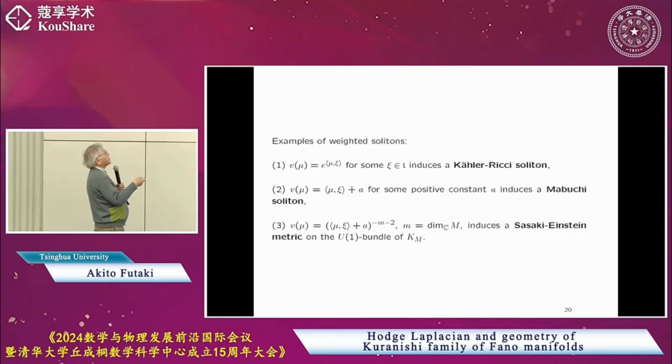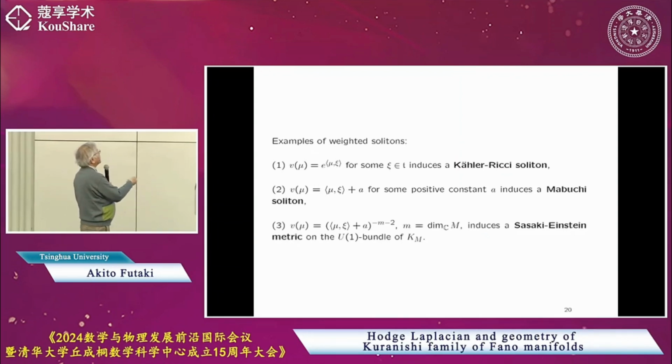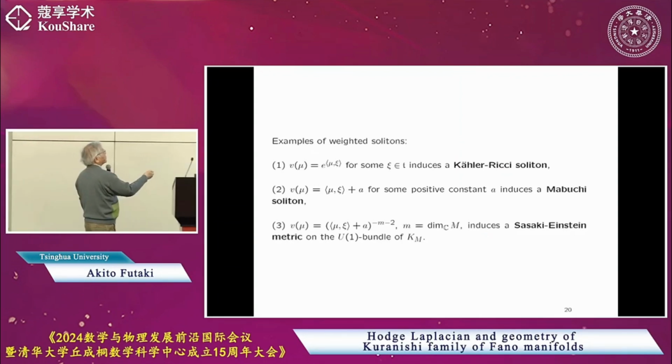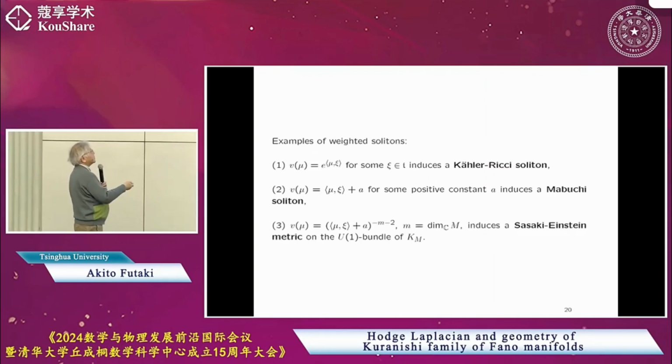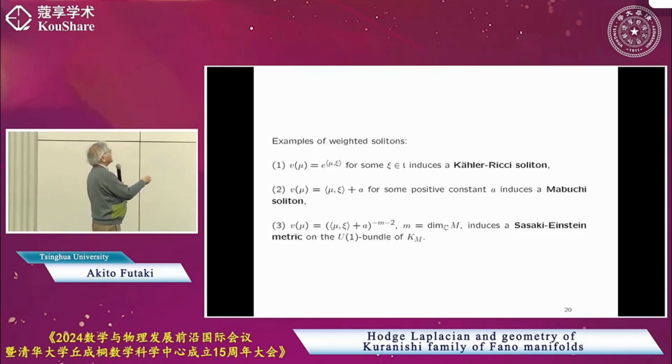Ricci minus omega is d d-bar of f, and when exponential of f is a holomorphic Killing potential, it is a Kähler-Ricci soliton. Mabuchi studied this as an analog of the Kähler-Ricci soliton, and it has many similar properties.